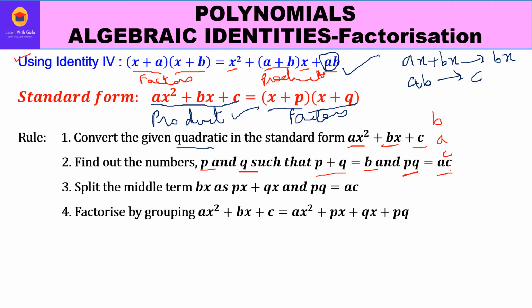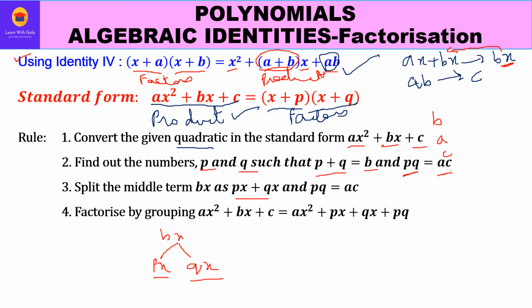After finding p and q, naturally the bx in the middle will be split into two. We are going to split bx as px and qx, as shown in the original identity, where they have taken bx in the standard form. So this bx will now be split into px and qx.